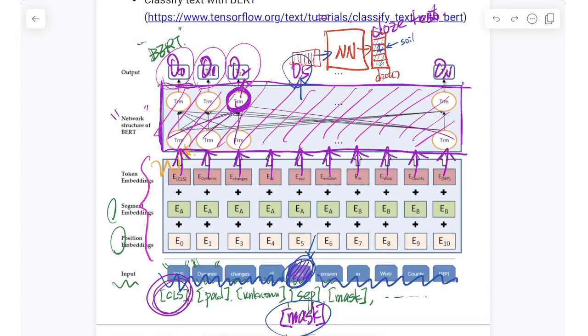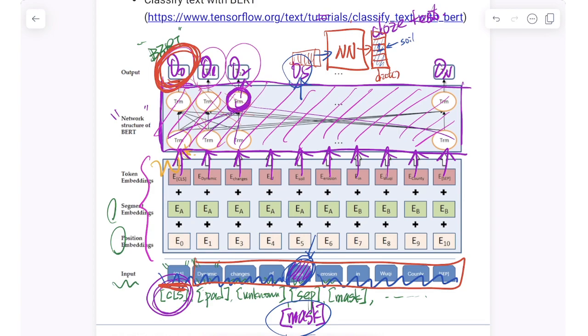So for BERT, if you want to output the embedding value of an entire sentence, usually we use O0, which is the output of the CLS token, to represent the sentence, because O0 receives all the information from all the tokens.